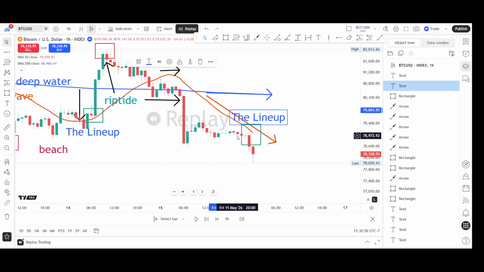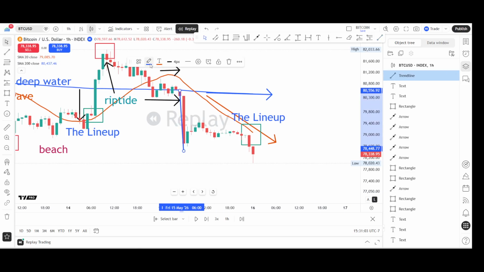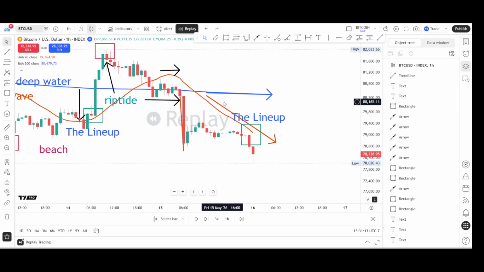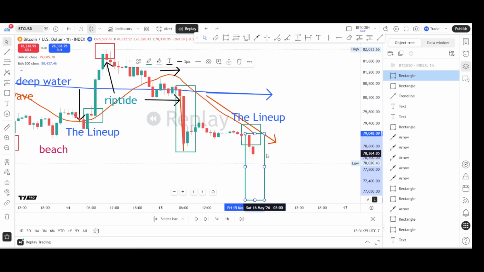It comes back to the 20 and it has not retraced this. In other words, it didn't go down in a power move and then go all the way back up in a blue wave. It didn't retrace. So what's the importance of it not retracing? A power move that does not retrace has a tendency to repeat itself.